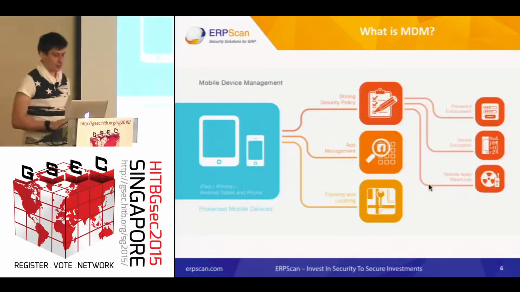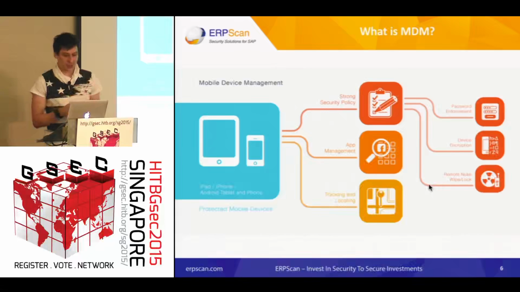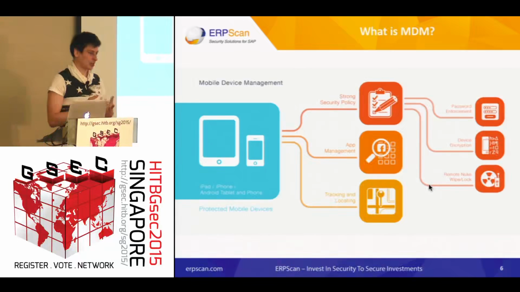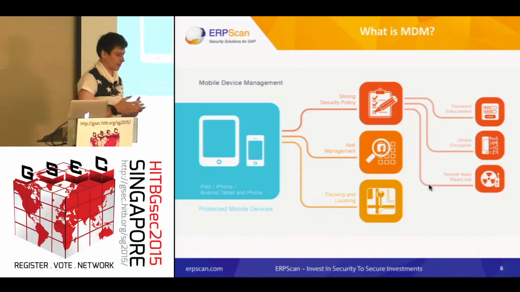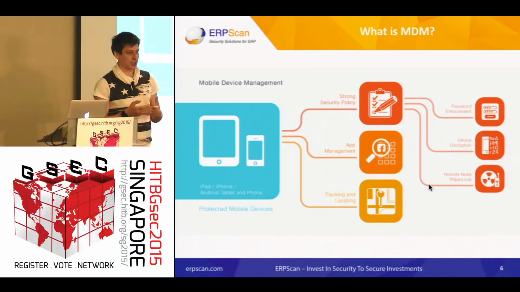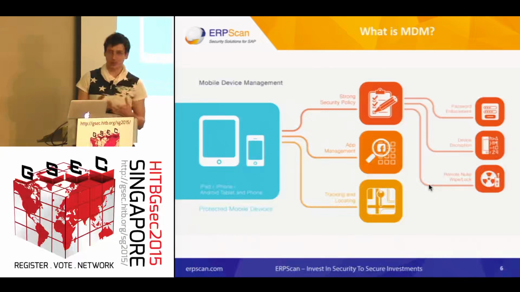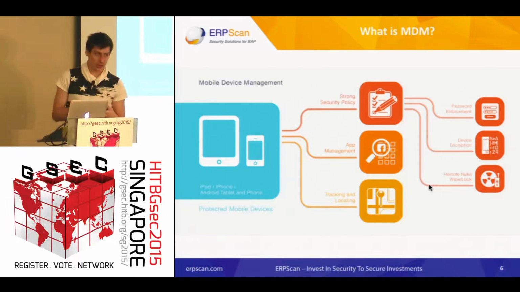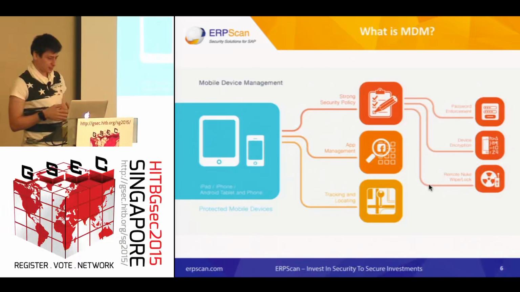Of course, companies care about their confidential information. That's why there exists a class of application, MDM or mobile device management. This type of application allows system administrators to control employees' devices.